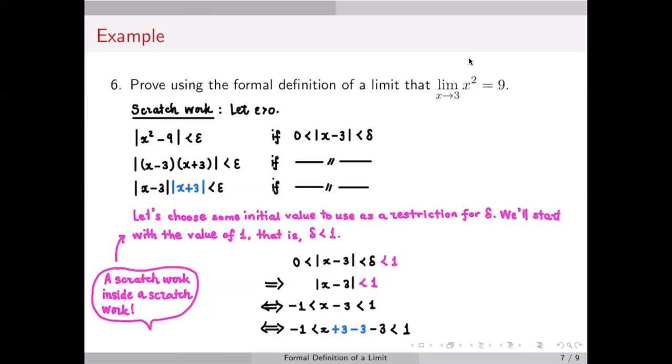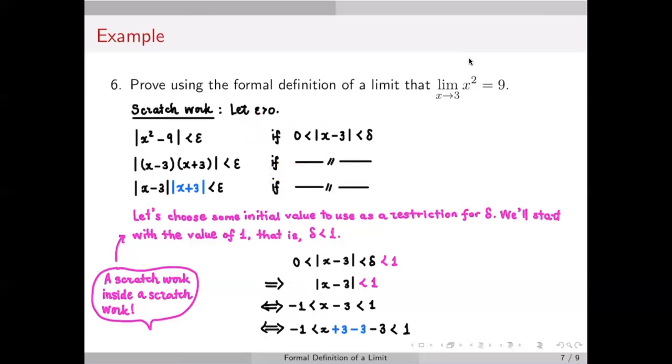The point is we want to obtain this from this and this from this. You want x minus 3 to be found here, but x plus 3 would be found also here. That should be the arrow.